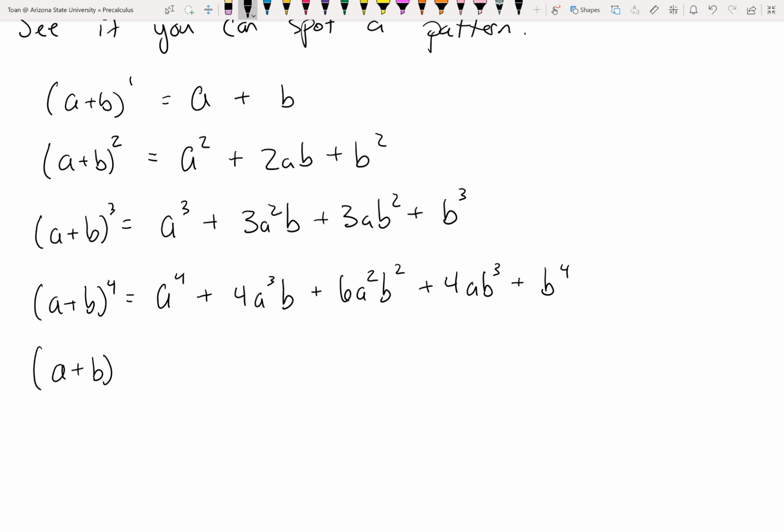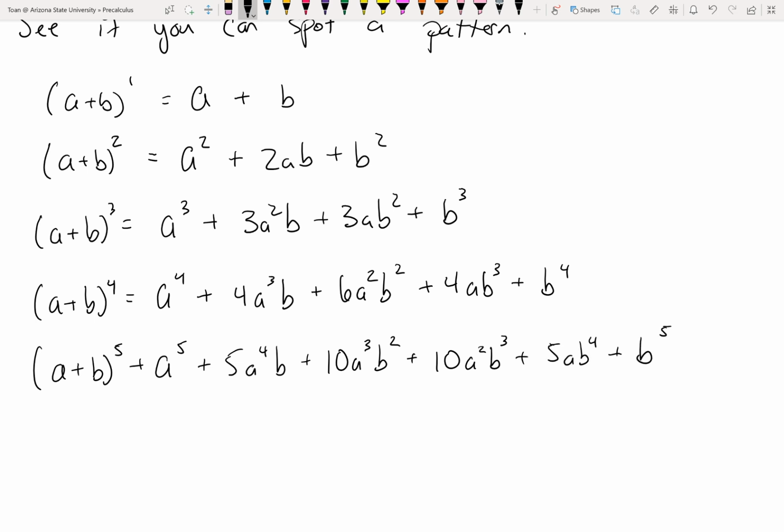A plus b to the 5th power equals a to the 5th plus 5a to the 4th b plus 10a cubed b squared plus 10a squared b cubed plus 5ab to the 4th plus b to the 5th. That was a pain in the butt to do. And, oops, it should be an equals. So on, and so forth.